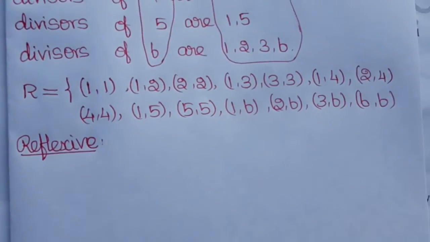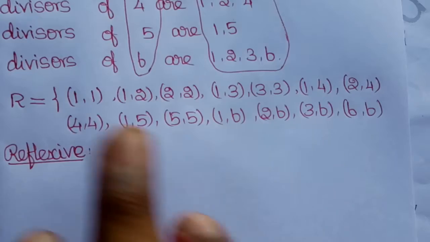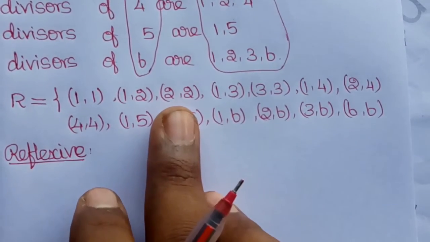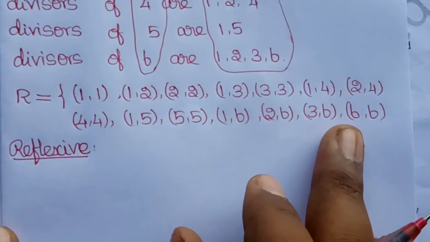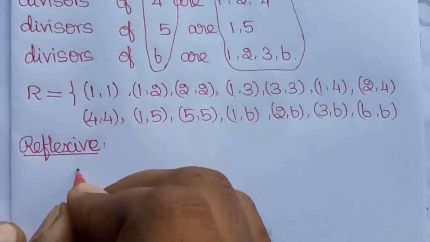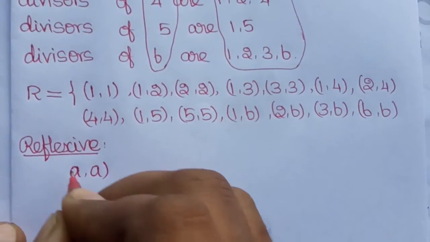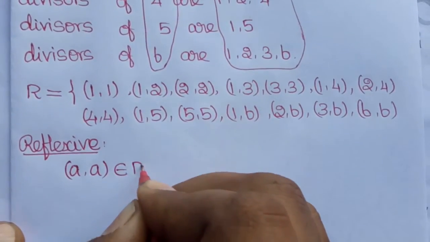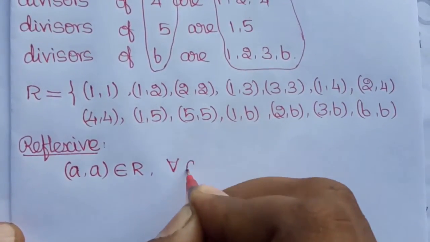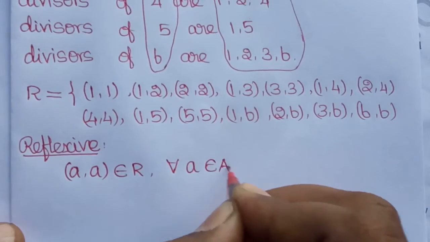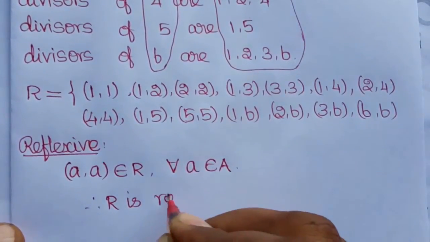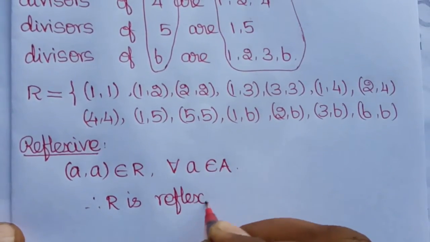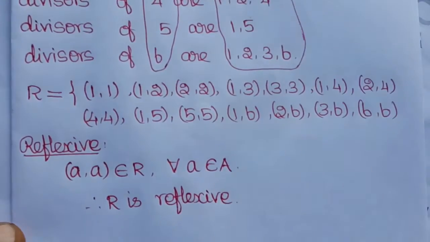For these elements, equal pairs are there: (1, 1), (2, 2), (3, 3), (4, 4), (5, 5), (6, 6). So (a, a) belongs to R for all a belongs to A. Therefore the relation R is reflexive.